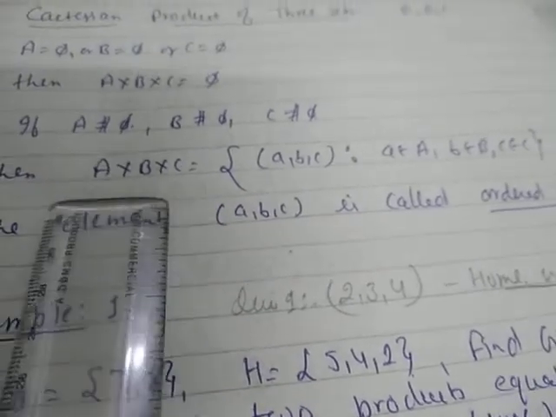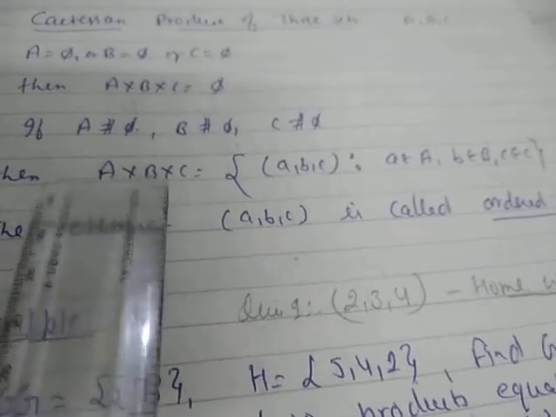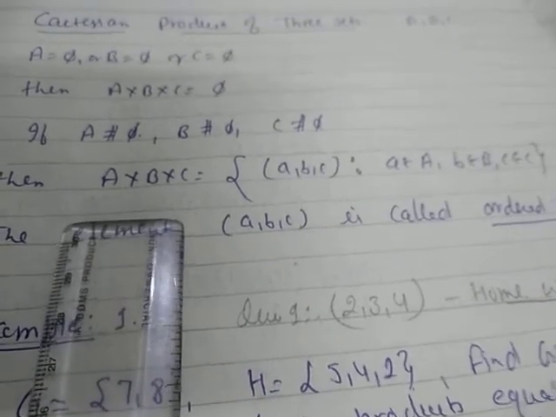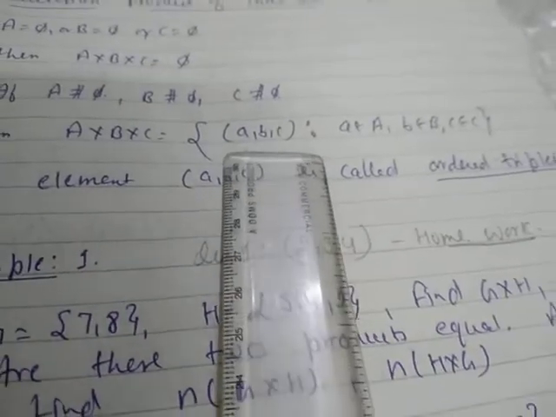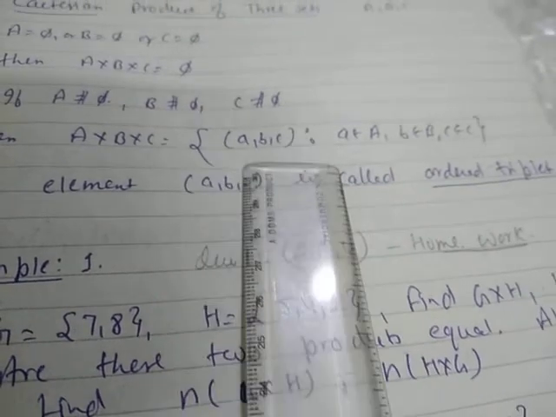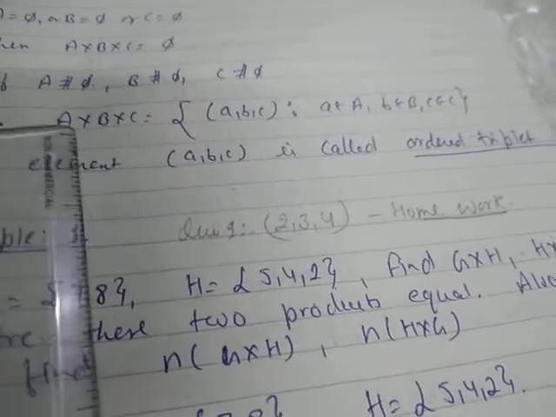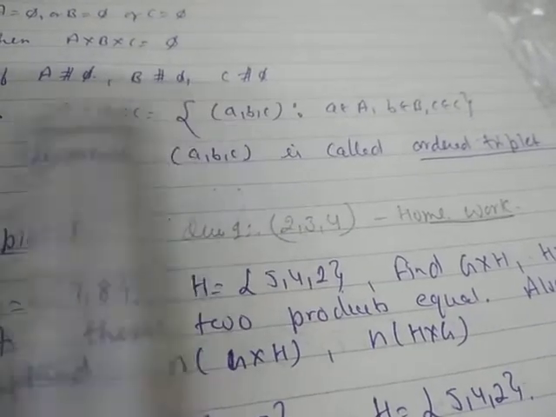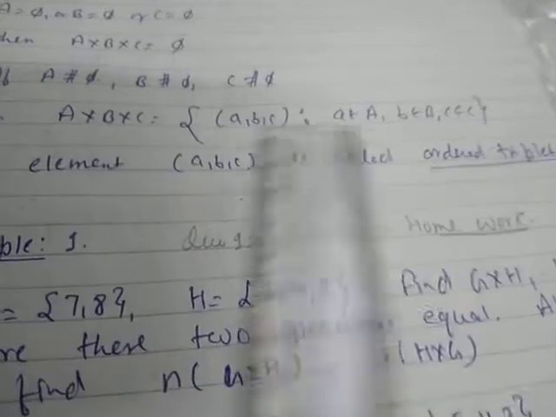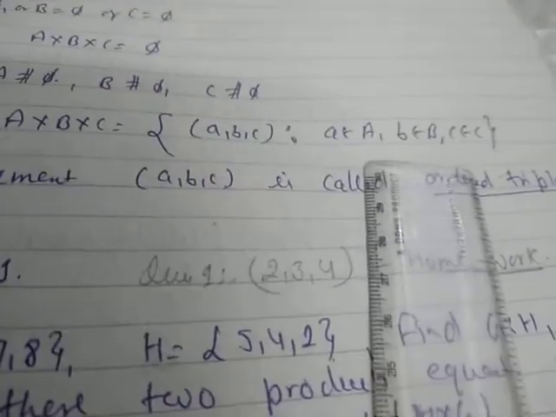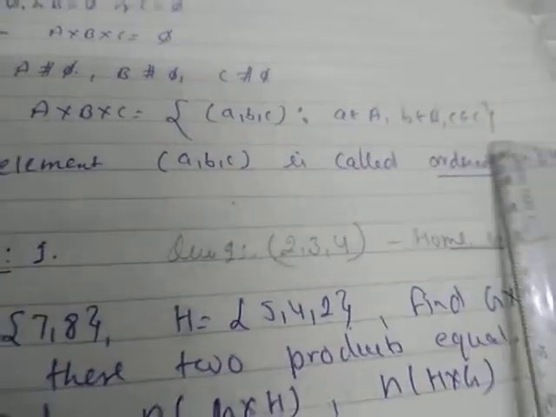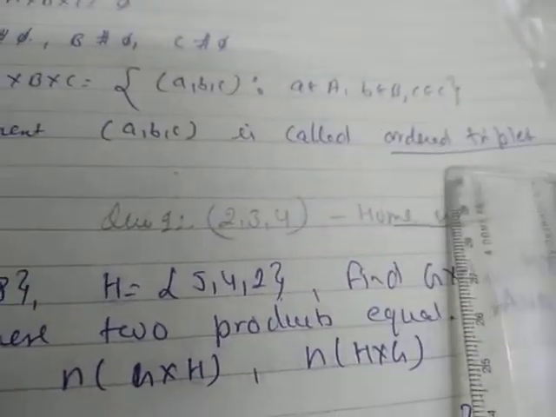It will not be an ordered pair, which is valid for two sets, and here three sets are associated, therefore the element will be in the form of triplet, that is (a, b, c). Since order is important, definitely a belongs to set A, b from set B, and c from set C. This is called ordered triplet.